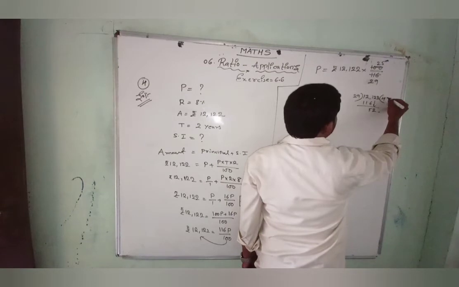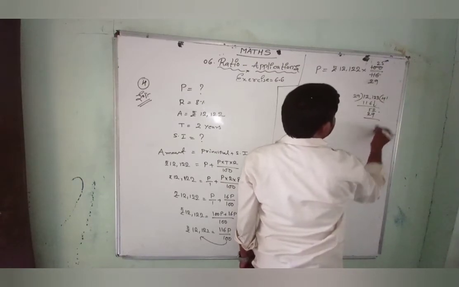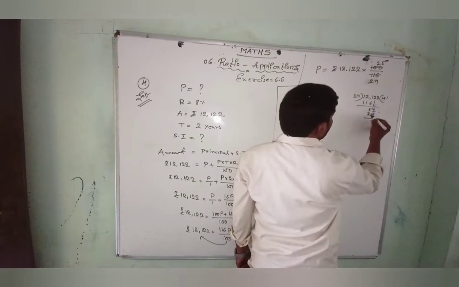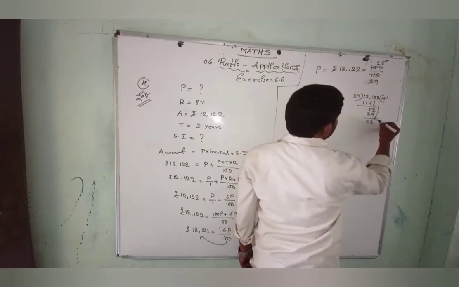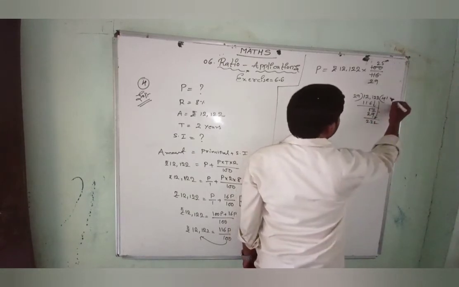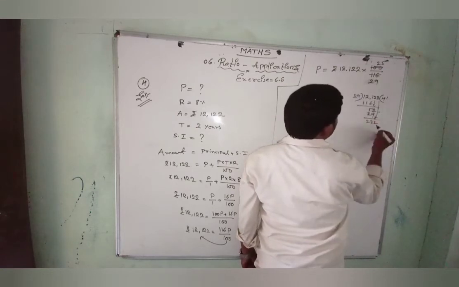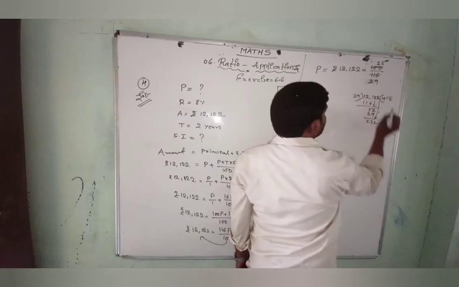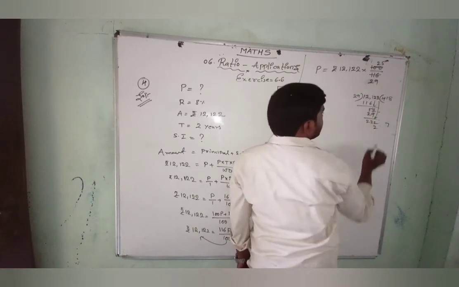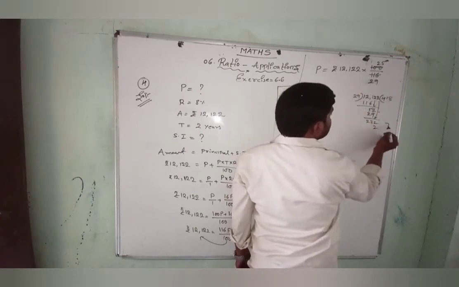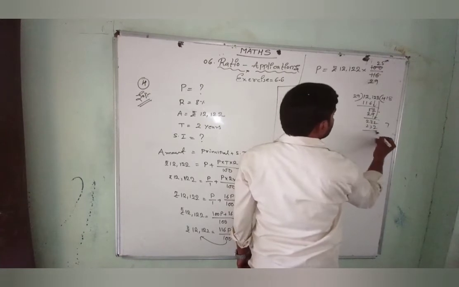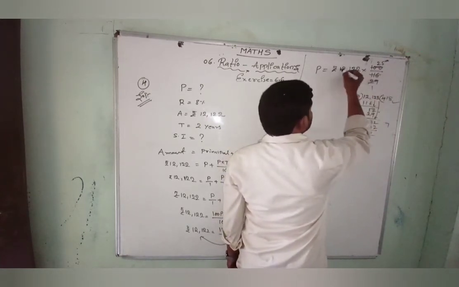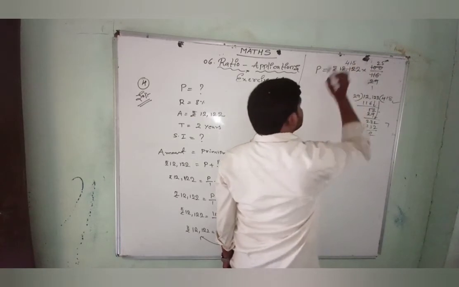So 29 ones are 29. 3 4 minus 2 is 2, and we will get 2. 2 9 8s are, yes, 8 9s are 72. 7 carry 8 2s are 16. 16 plus 7, 23 will be 0.